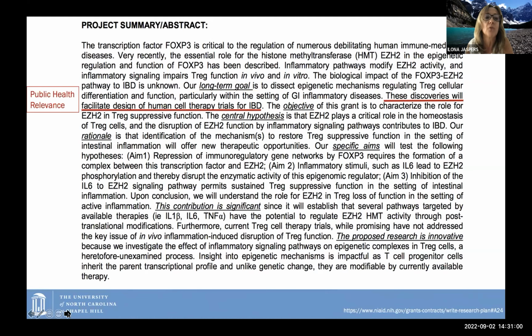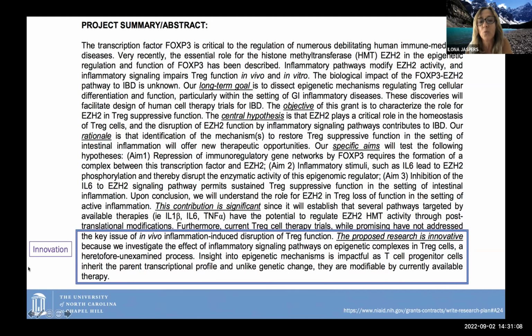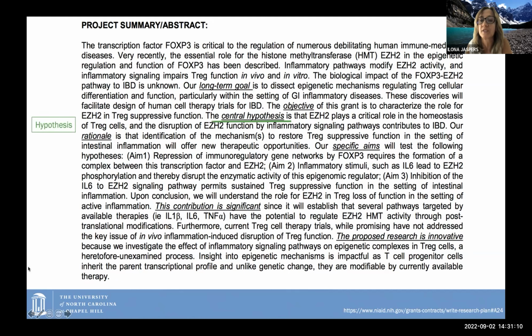The long-term goal, for example, the public health relevance, the significance of the field. Where's the innovation here? What's the central hypothesis? What are your specific aims? Make sure that the eye of anyone reading this on their screen is really guided towards what you want them to see.